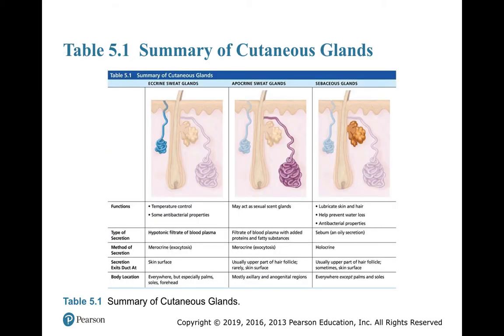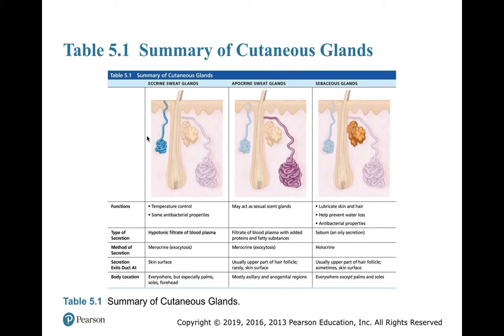So if we look at all three glands together, we see the eccrine sweat glands, the apocrine sweat glands, and the oil or sebaceous glands. And if we looked at a typical hair, we would see in that section probably all three. So over here, we start with the eccrine sweat glands. They're important for controlling temperature. They have some antibiotic or bactericidal properties. They are a hypotonic filtrate of blood plasma.